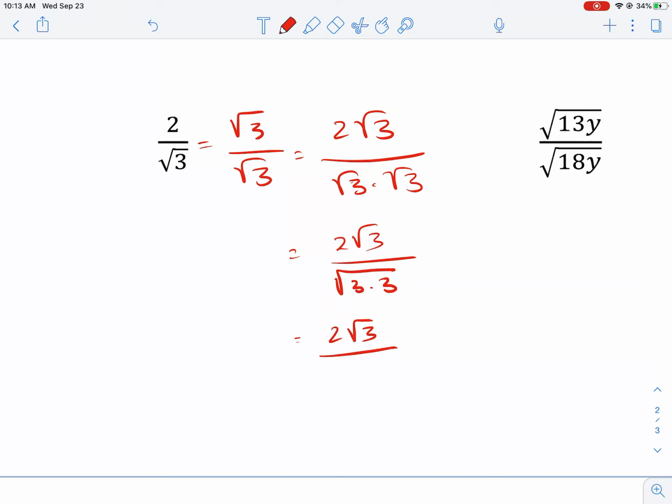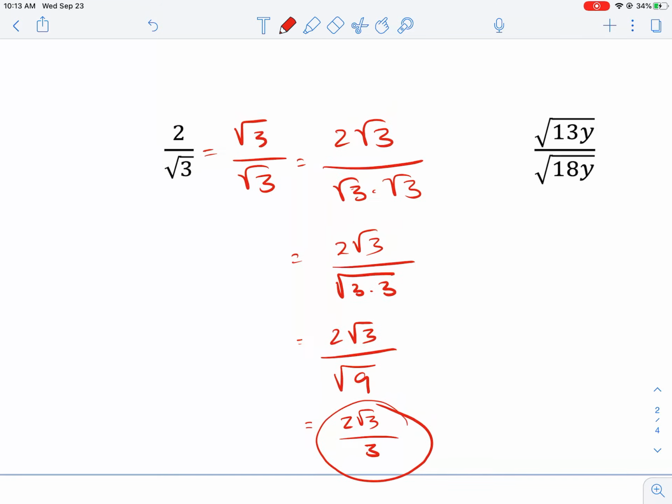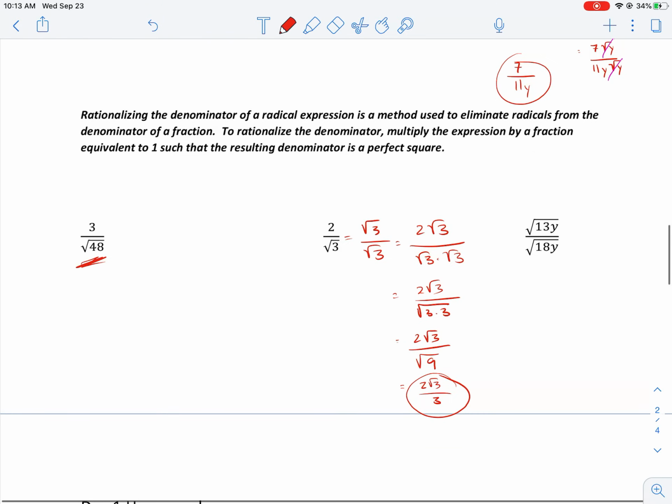So 2 times square root of 3 over square root of 9, and the square root of 9 is just 3. So that's the process we take in order to get rid of that radical in the denominator. Let's go back over to this one.